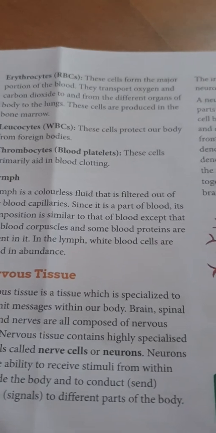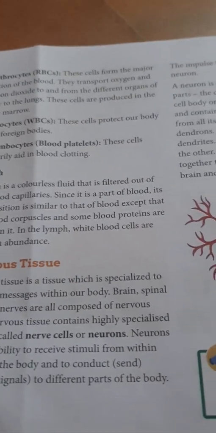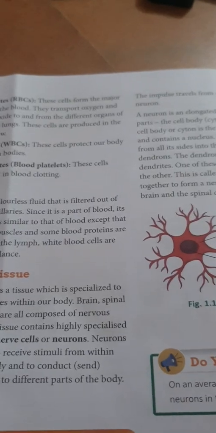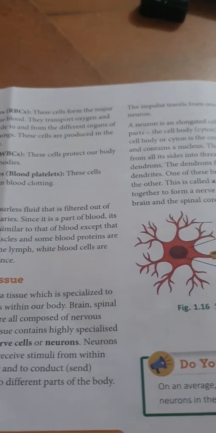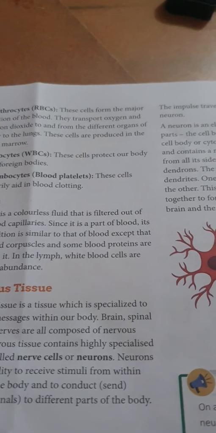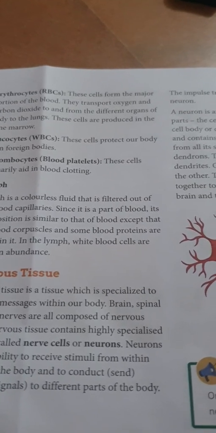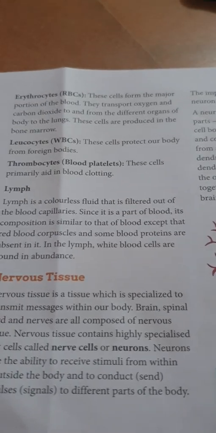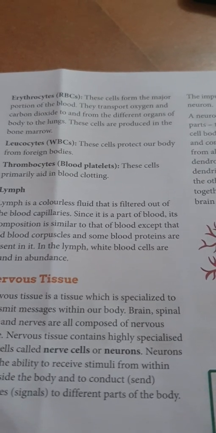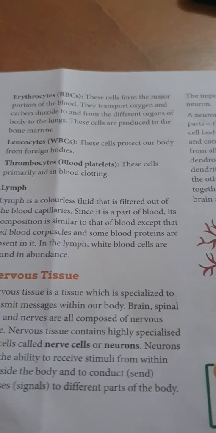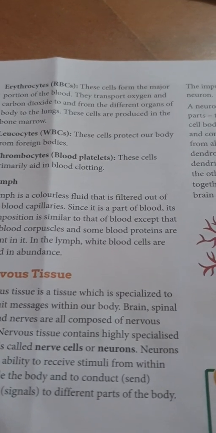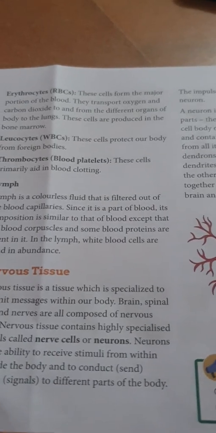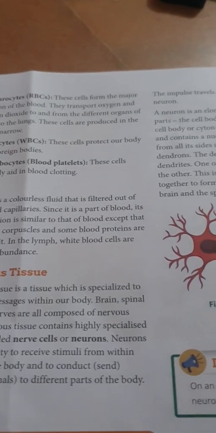What are erythrocytes? They contain a very iron-rich protein called hemoglobin, which gives blood its red color, and they form the major portion of the blood. They are produced in the bone marrow, and their main function is to transport oxygen and carbon dioxide to and from the different organs of the body to the lungs.